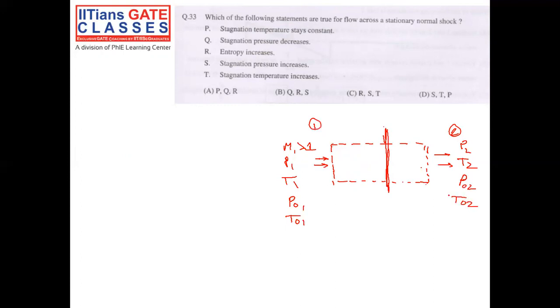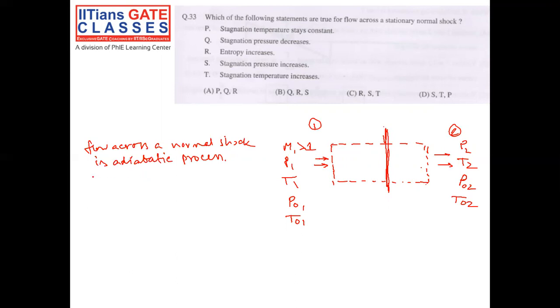Now this flow across a normal shock is an adiabatic process, right? So flow across a normal shock is an adiabatic process. So no heat addition is there and no heat subtraction is there.